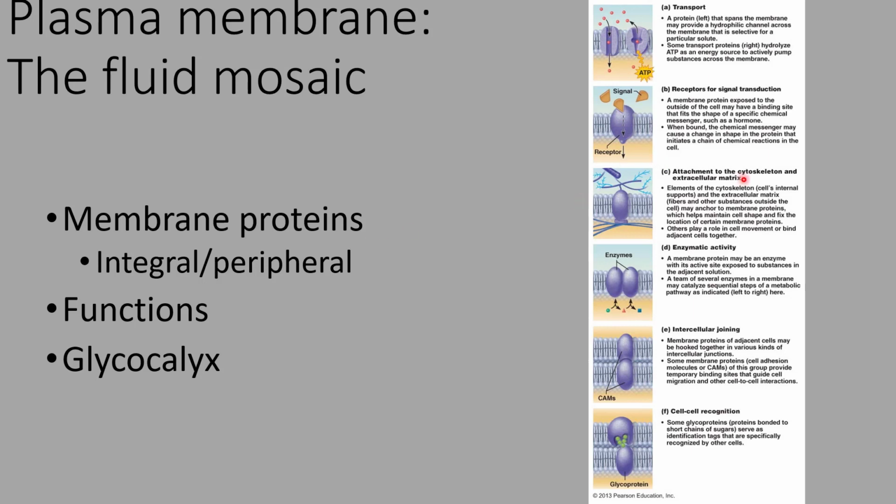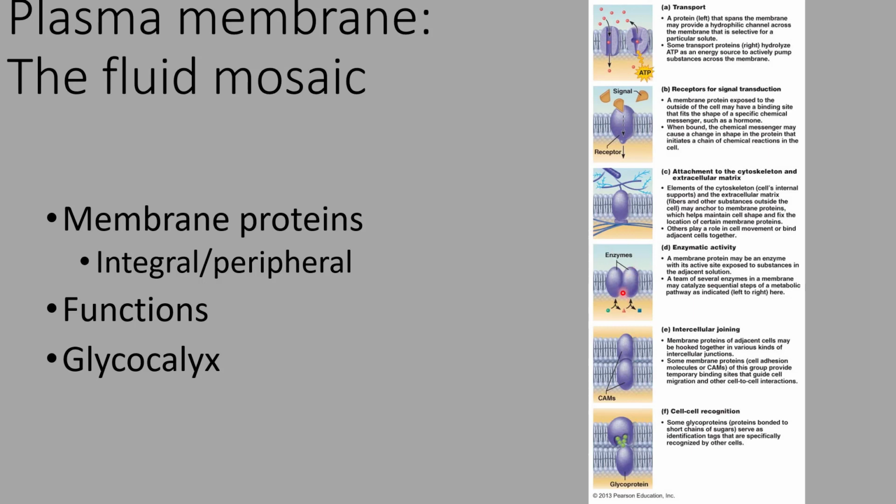Next, attachment to the cytoskeleton and the extracellular matrix. Just like we said with the glycolipids, proteins and glycoproteins both will do that. So proteins can also grab onto things outside the cell, the extracellular matrix, and grab onto things inside the cell, proteins called the cytoskeleton, and it holds that cell in place.